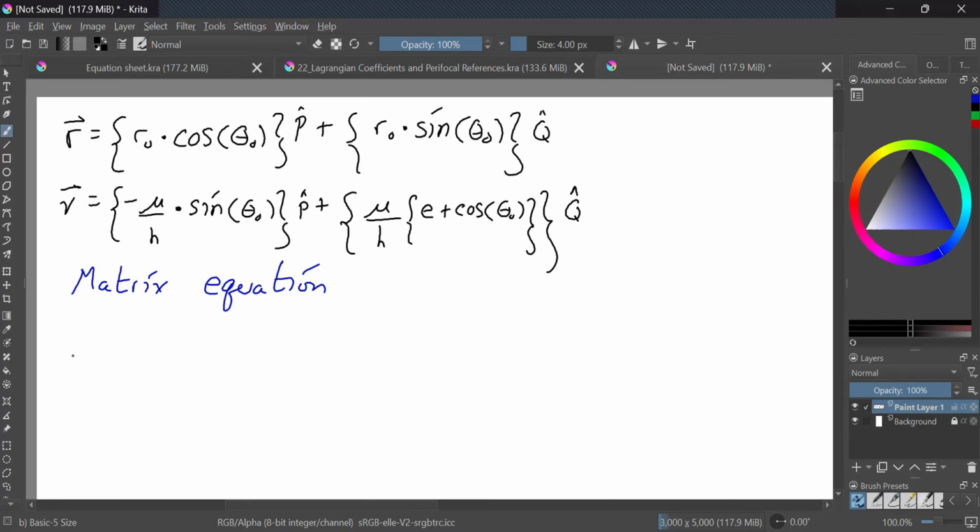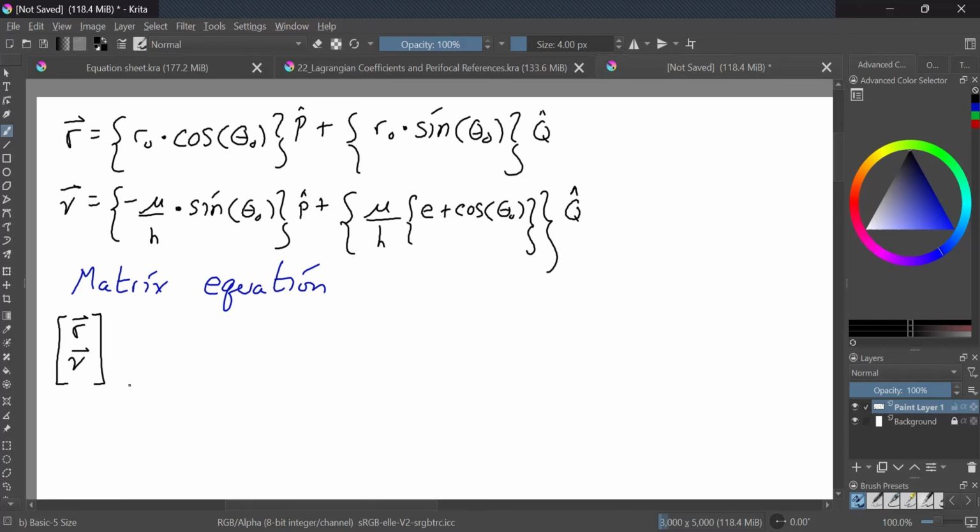Anyway, now that that's out of the way, to convert this into a matrix equation, you're going to put the r vector and the v vector into a bigger vector, and it does work this way, where we can have even a vector of 3 and a vector of 3 to create a giant vector of 6.